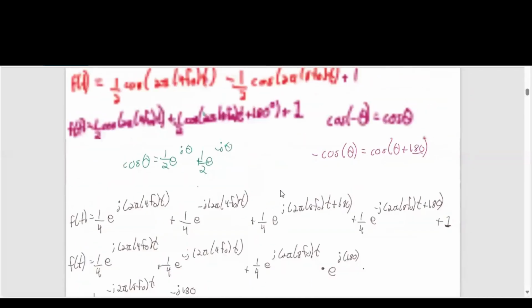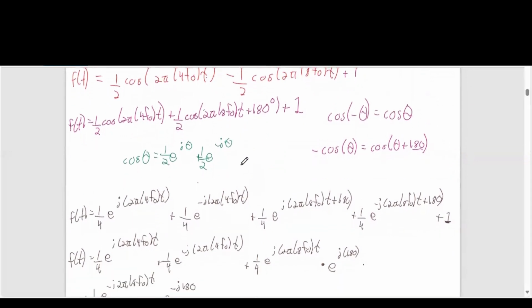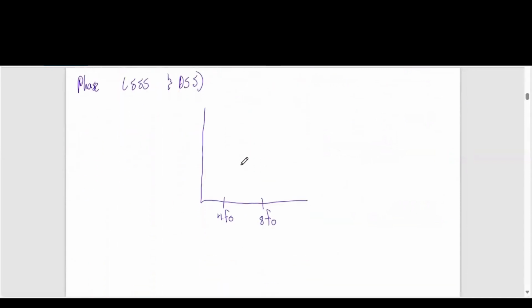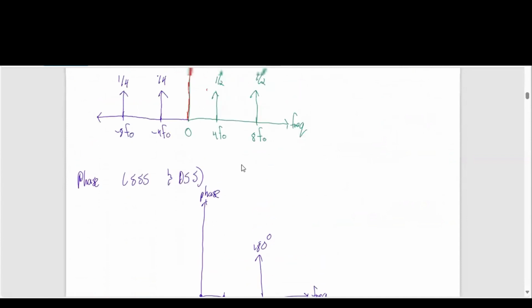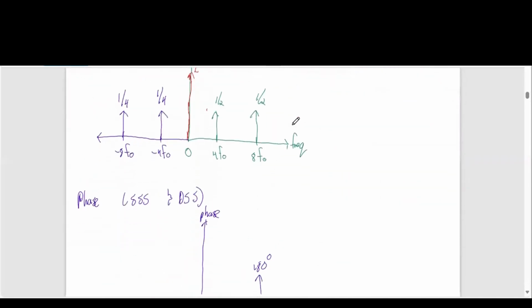So add those using the single, nothing at 4 f naught, and you have 180 at 8 f naught. So nothing here, and let's say I have 180, right? So that's labeled. So we know this is phase and frequency, right? And the DC component has no phase. It's a constant, right? It's just 1, right?